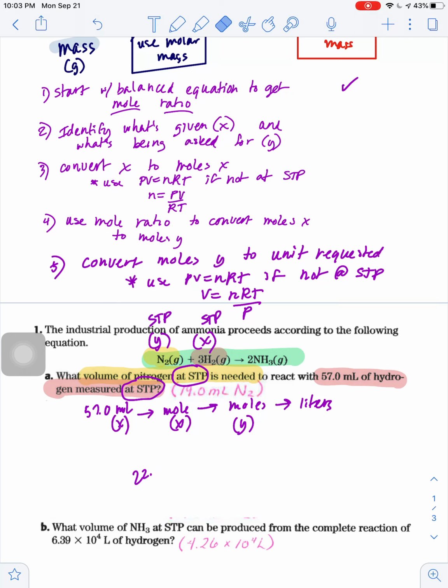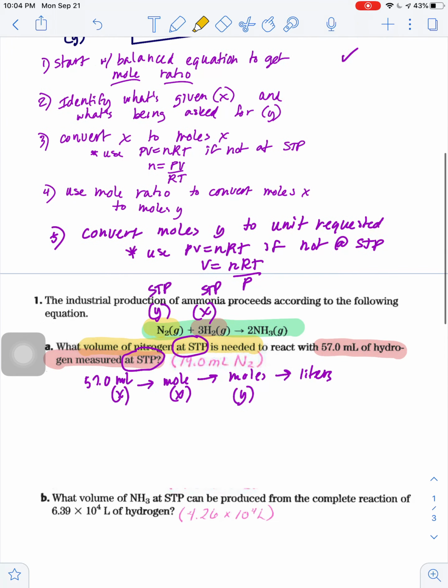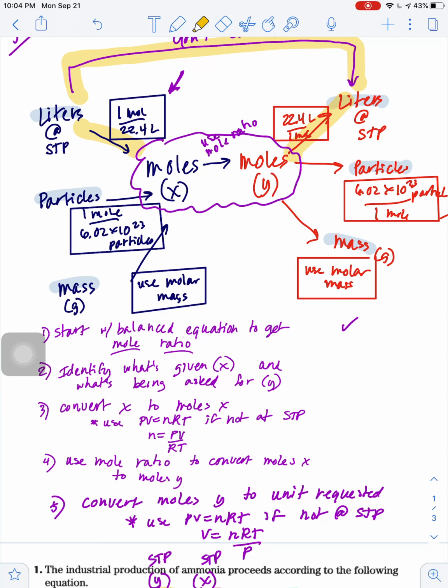So that leads to something interesting, and it is right here. If the conditions don't change from the beginning of the problem to the end of the problem, you really don't need to use that first conversion factor to get to moles and then that same conversion factor to get back out, because they're going to cancel each other. All you really need is the middle conversion factor, which is the mole ratio.